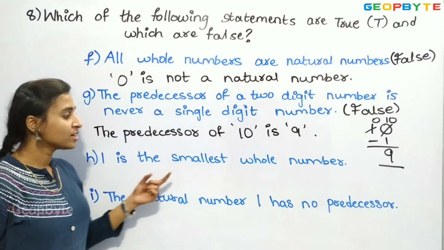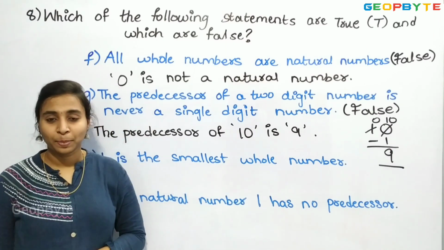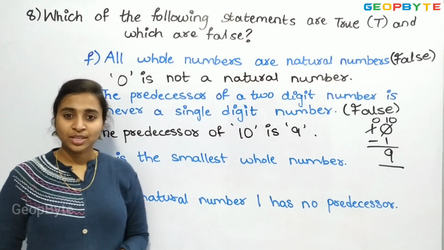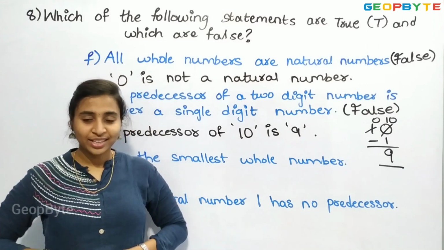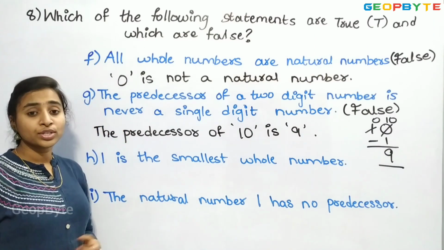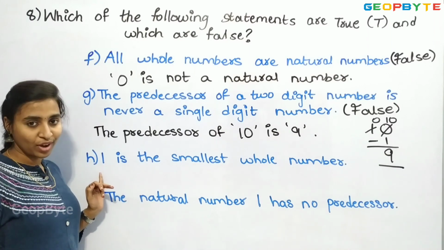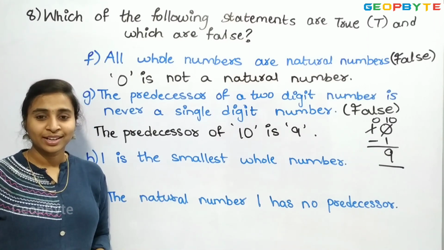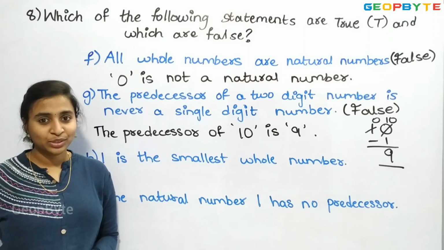1 is the smallest whole number. Is 1 the smallest whole number? No, because whole number starts with 0. Whole number starts from the number 0. So, after 0, 1 comes. So, how could 1 be the smallest whole number? 0 will be the smallest whole number.